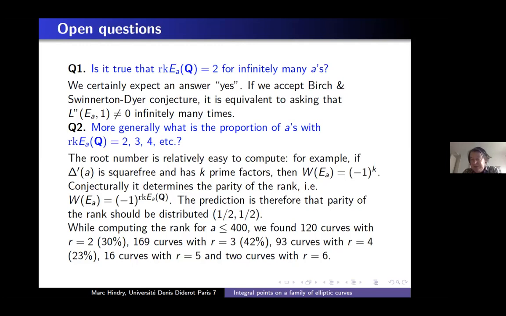But it would be nice to have a direct proof of it, and we don't know the answer. And of course, we don't know in general what would be the proportion with rank 2, 3, 4, etc. There is an intriguing thing that a lot of these curves seem to have rank 4. But it's not clear if that is because we have considered only A smaller than 400, or if really there's a proportion that is unclear. It's an interesting question.